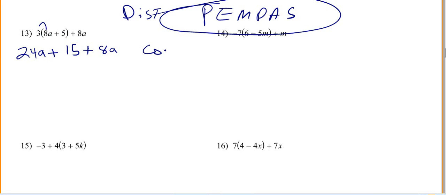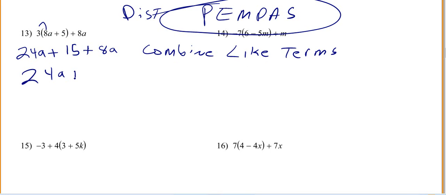Now we're going to combine like terms. If you want, you can rewrite them together. I would actually do this, especially when you get a long problem.